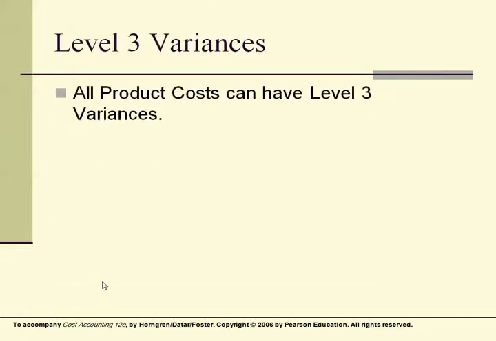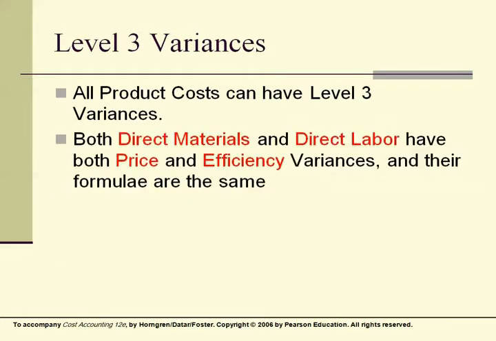Level 3 variances. All product costs can have level 3 variances. Both direct materials and direct labor have both price and efficiency variances, and their formulas are the same.